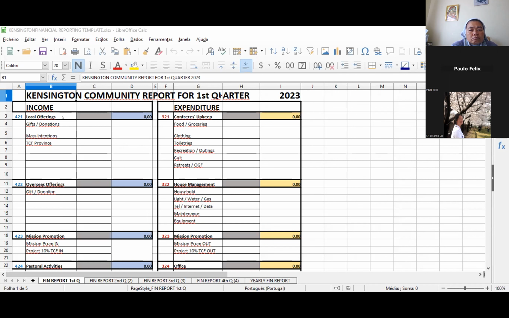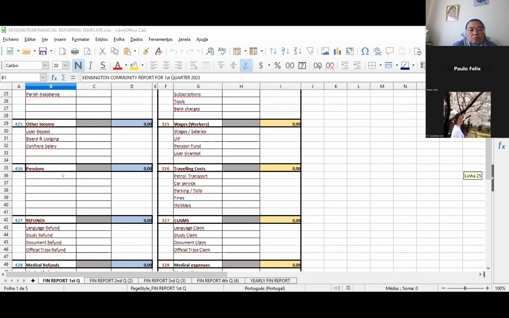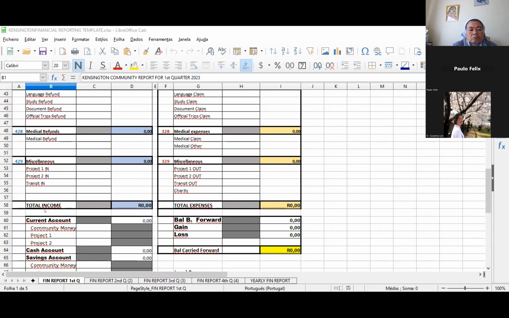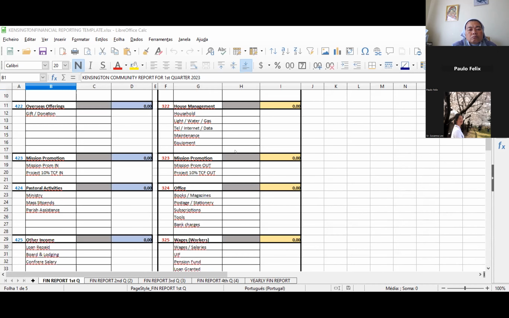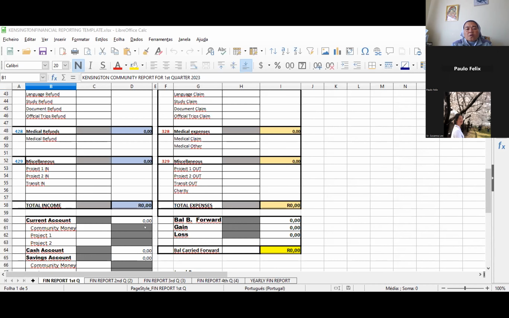Every quarterly report, they are supposed to register their income and the total income, then their expenditures, and the balance brought forward from December, or now, for example, March, should appear here.